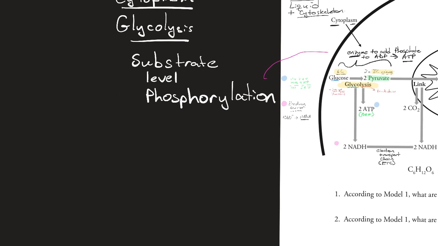What that means is you're taking ADP and turning it into ATP. Phosphorylation means you're adding a phosphate. Adenosine diphosphate turns into triphosphate.